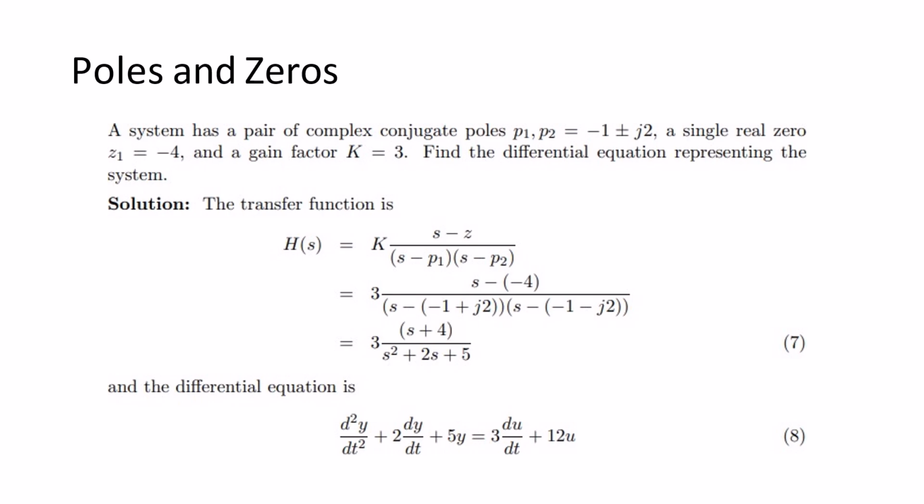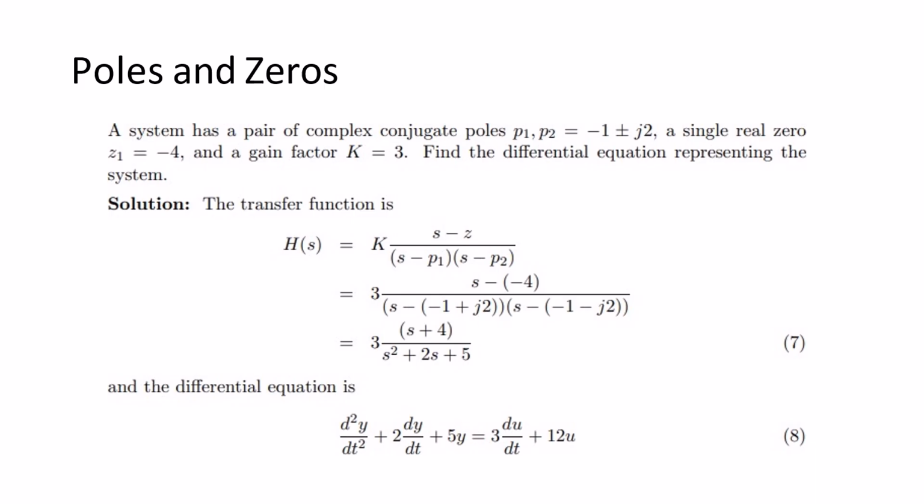So we can form this transfer function. In the numerator, we will be locating the zeros, and the denominator comprises the poles. Solving this, we get (s plus 4) by (s square plus 2s plus 5).